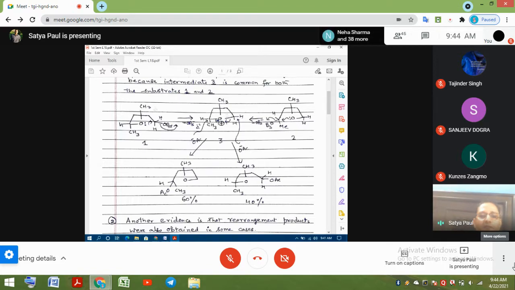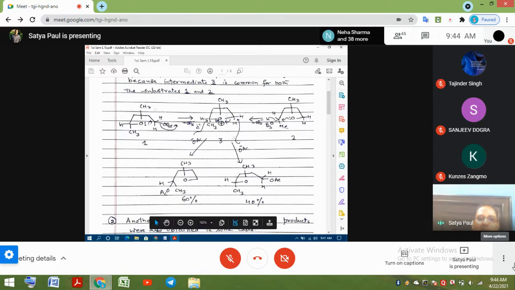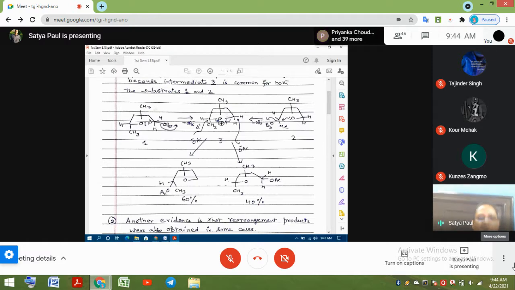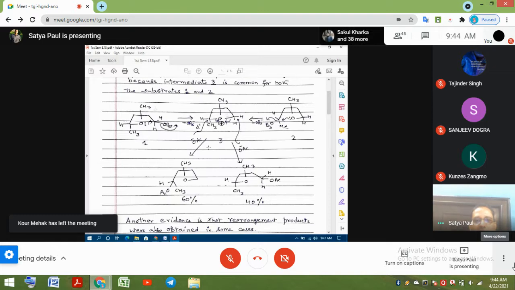So that is why we will get the same mixture of product, and this is possible only when oxygen is acting as a neighboring group. So this is the evidence for participation of oxygen in the methoxy group as the neighboring group participation. Is this clear to you? If there is any doubt, ask.